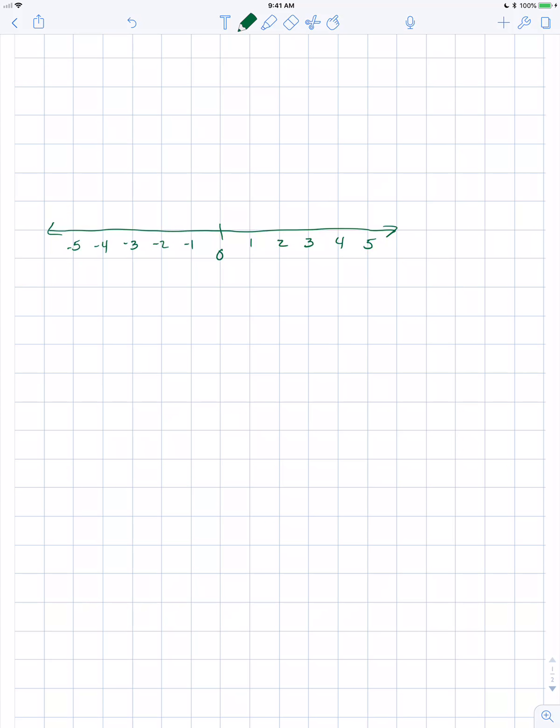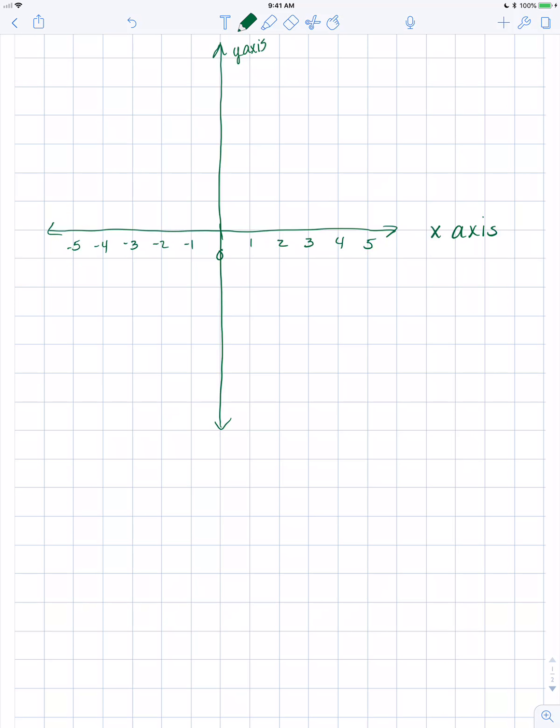This, though, on a coordinate plane is called our x-axis. Then we also have one that runs vertical, and it is called our y-axis.